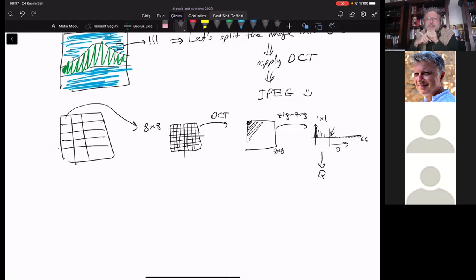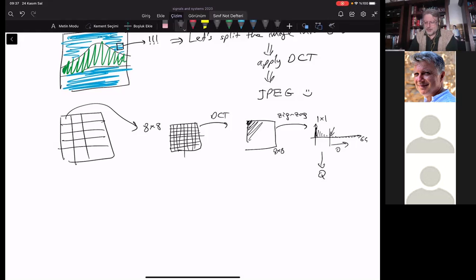For example, if the coefficient over there is, let's say, 5, and the quantization performs by dividing it by 7, then 5 over 7 will be something smaller than 1. And when you make a truncation operation, it becomes 0.